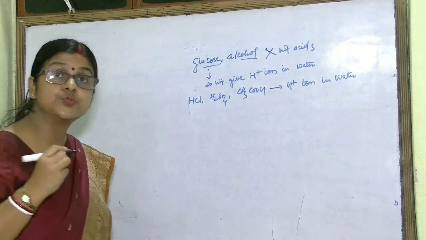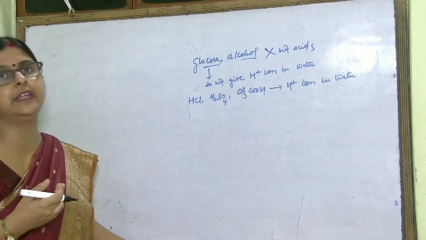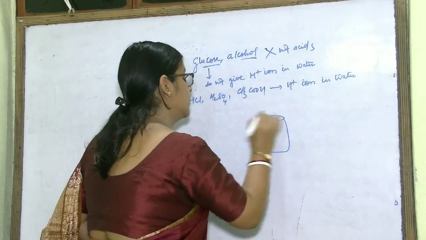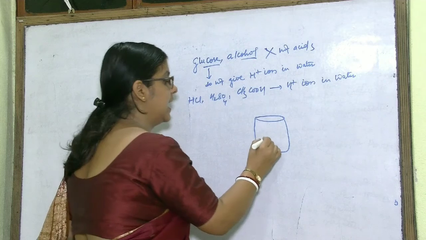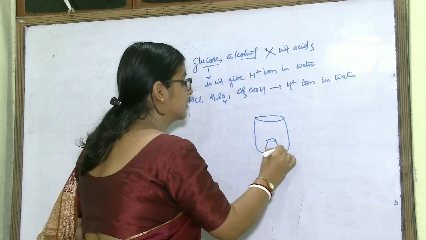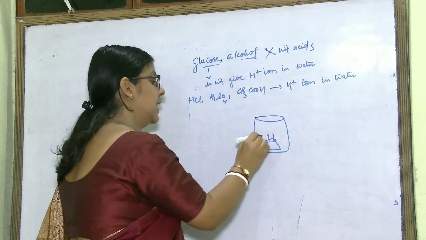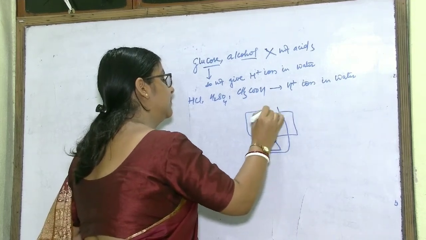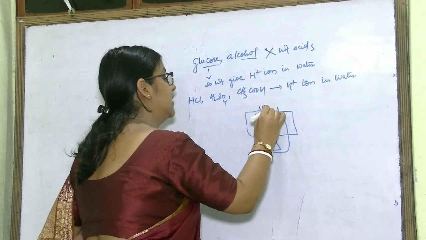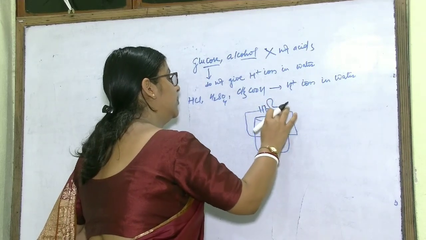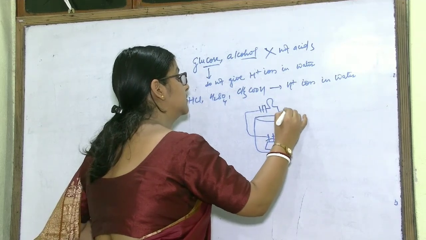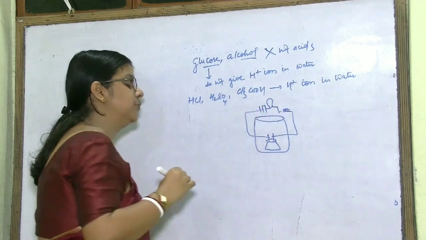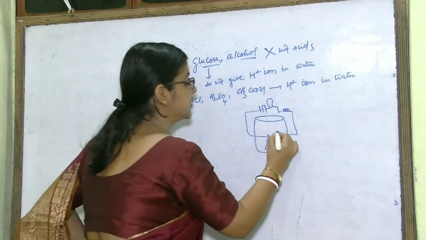Students, you can see it experimentally also. If you take glucose solution in a beaker and in a cork, if you fit two nails and connect them to terminals of the battery, and then put a switch over here, I have drawn it roughly, you will see it in your NCERT book.